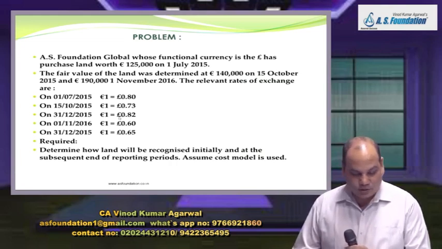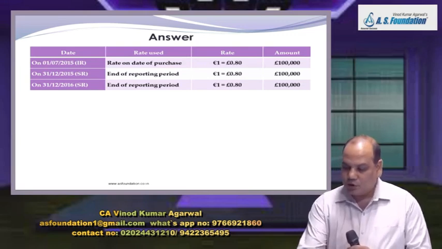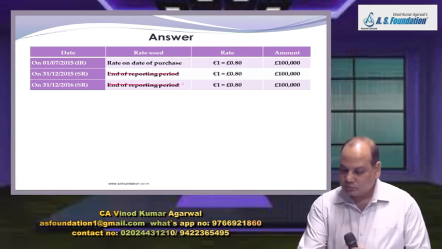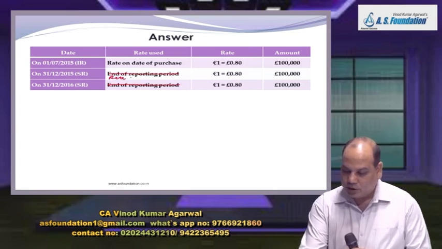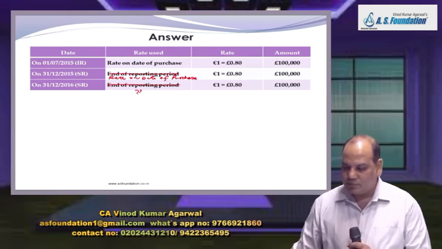What about the answer on 31st December 15? Same answer? Yes. So what is the correction required in your note? The rate used is the rate on the date of purchase. If cost model is used, then for all the 3 dates, we will apply the rate on date of purchase. We will not change the amount now. Same ditto sign. Is it right?